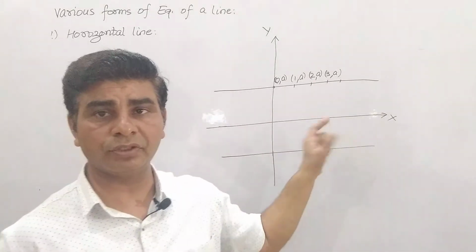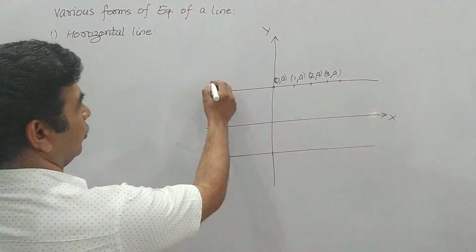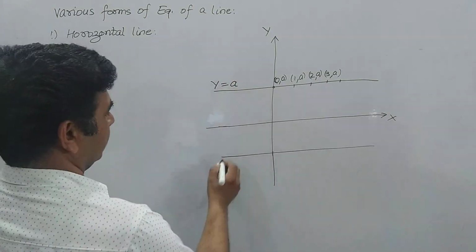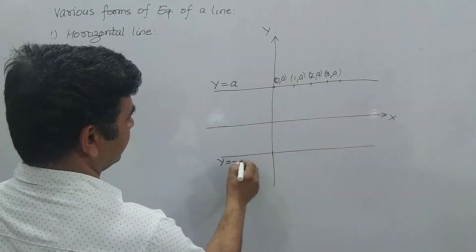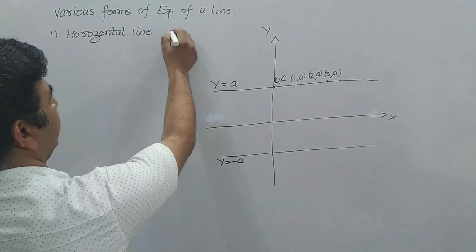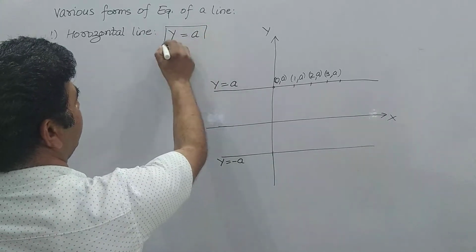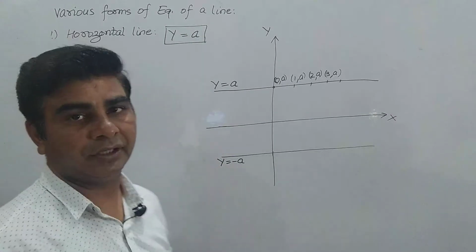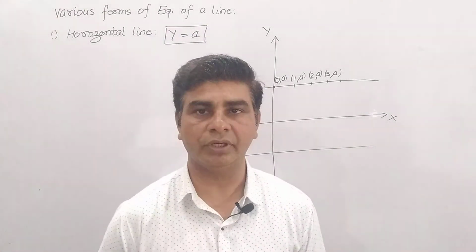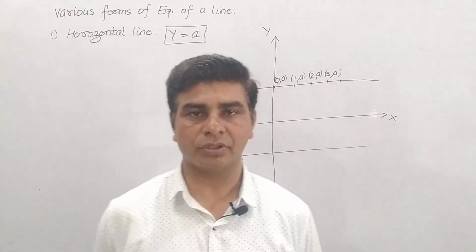So the equation of this line will be given by y is equal to a, or y is equal to minus a. So you can write the equation of a horizontal line as y is equal to a, where a is any arbitrary constant.